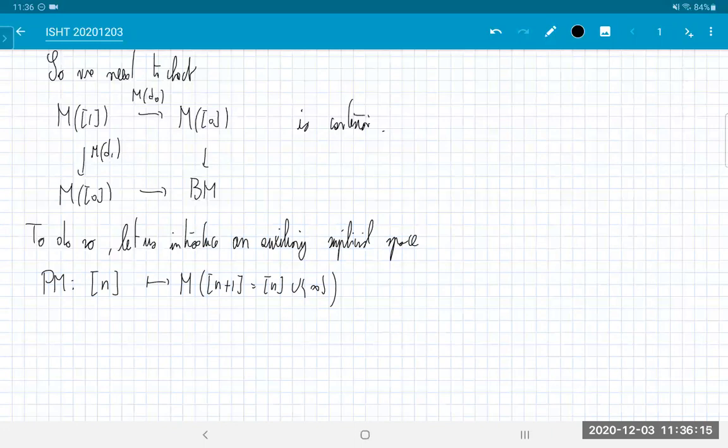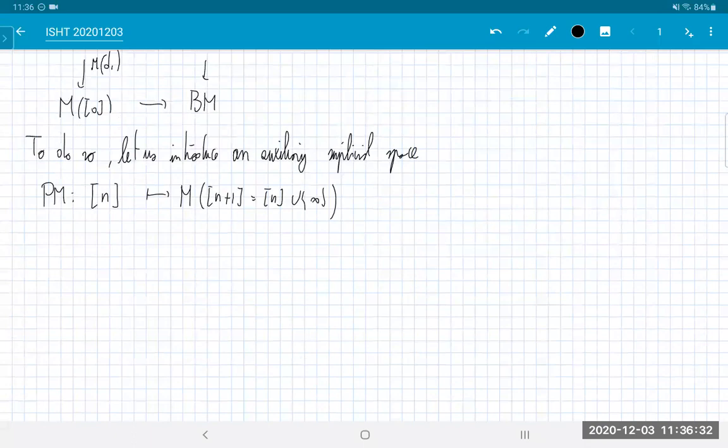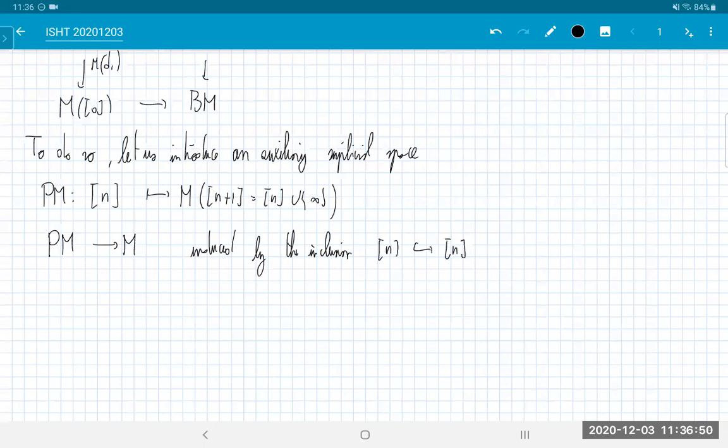Let me think one second if I'm doing this right. D1, yes, okay, I'm doing this right. It's just that I have to swap D1 and D0. It's not really important, but I'm making sure that the diagrams are correct. So this comes with a map to M induced by the inclusion of M inside M.